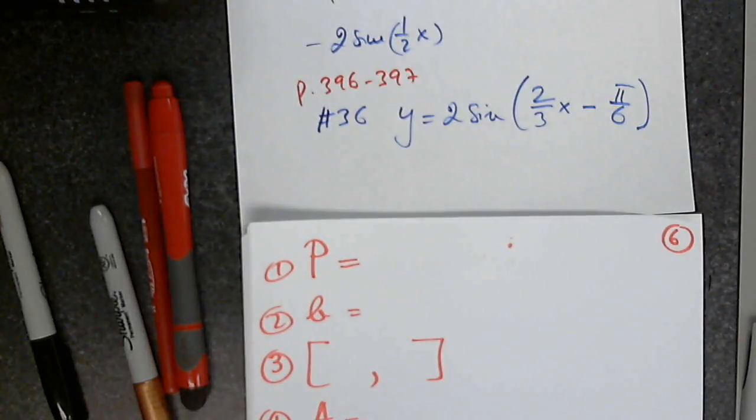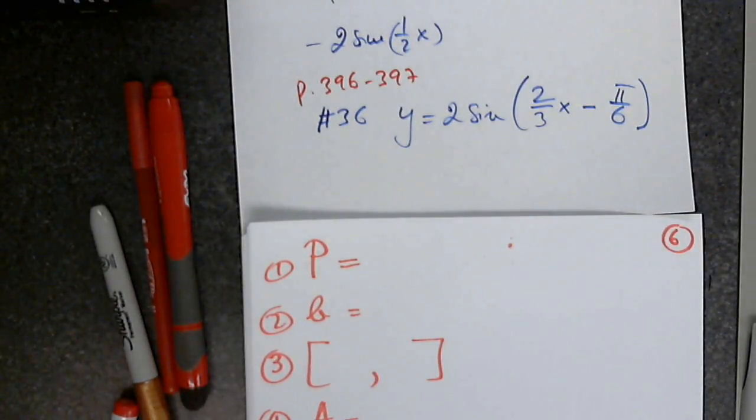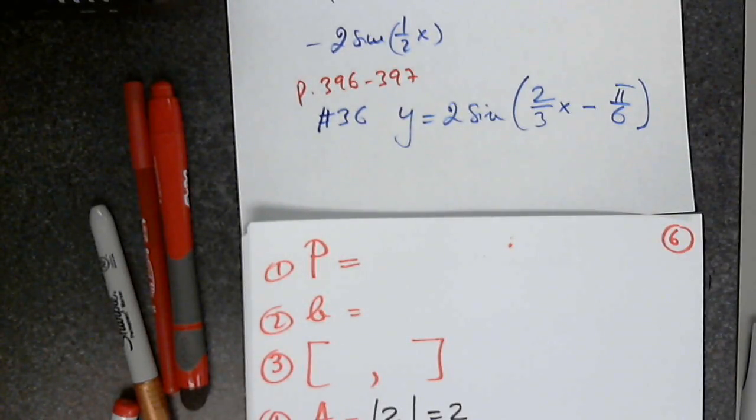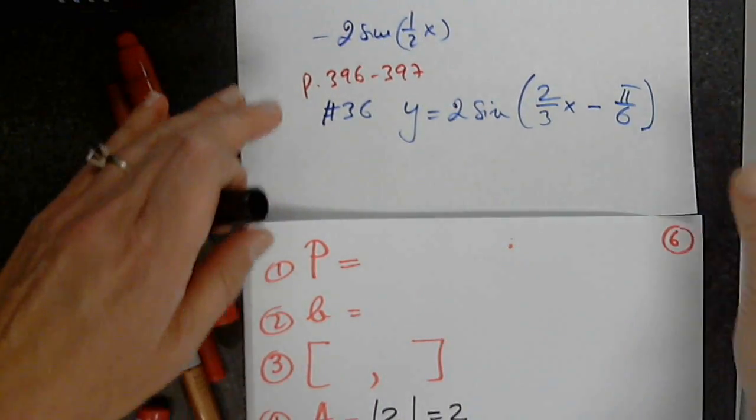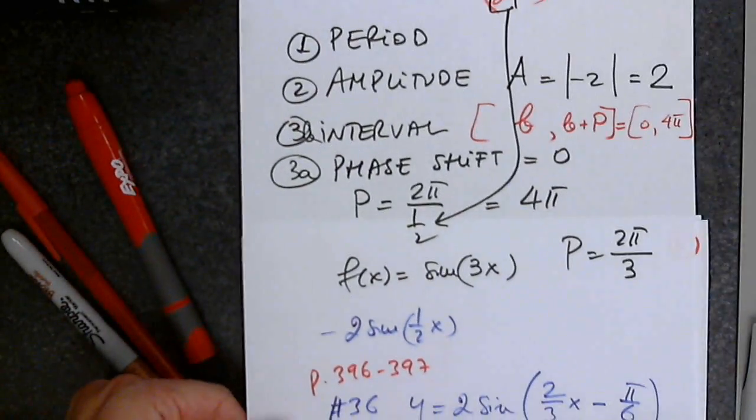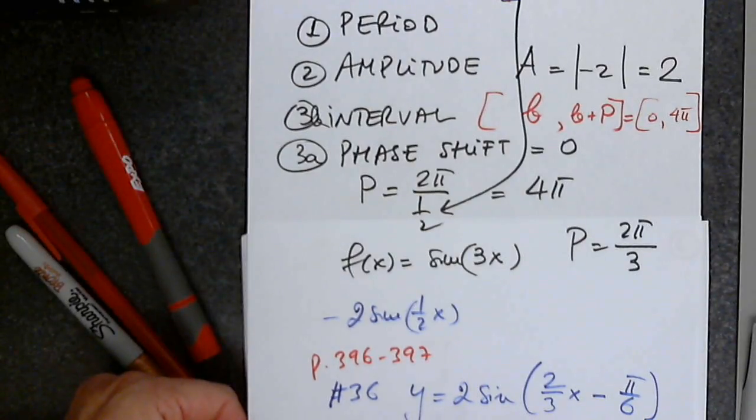So I would suggest let's start with the amplitude. Can anyone give us the amplitude? Right. The amplitude is the absolute value of 2, which is 2, which means this function will go to the highest point of being 2 and the lowest point of being -2 for the y value. Good. Very good.